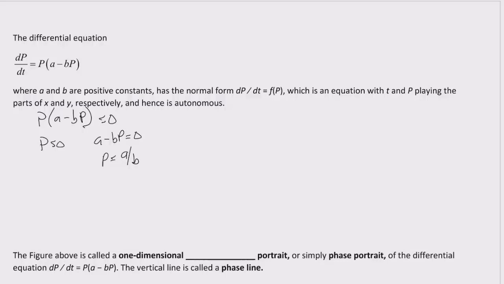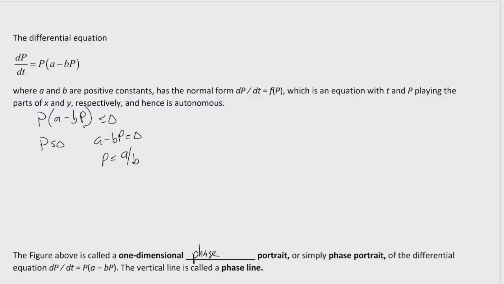Additionally, we can create a number line to analyze what kind of behavior is going on around those two values, because those are the two values where the derivative is 0. What's going on around that? We do this with something called a one-dimensional phase portrait.